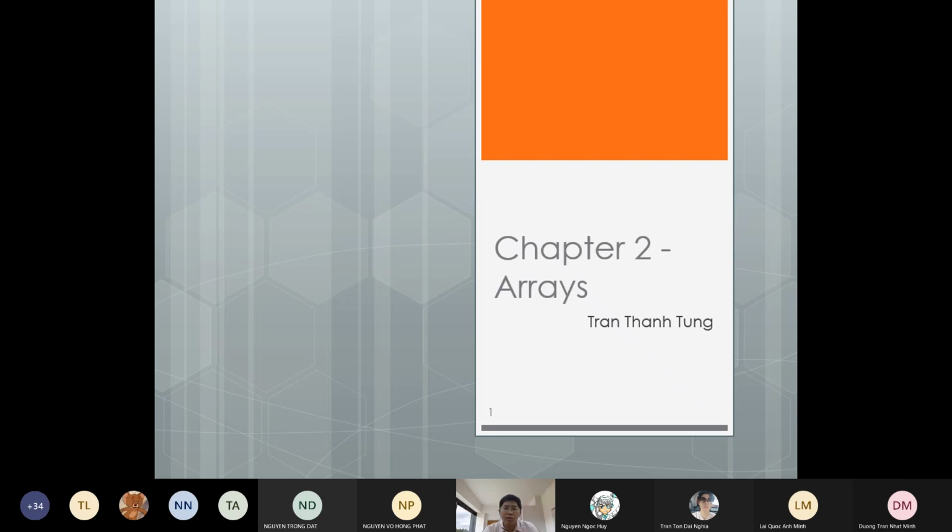Because without a sorted array, we have to find max and min. We need to go through all elements. That will be O(n). Okay, if we have a sorted array, the max and the min is O(1). Great. Again, if we have O(1), it is very good.